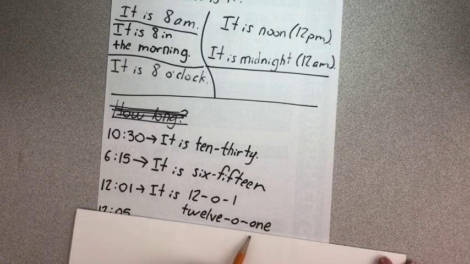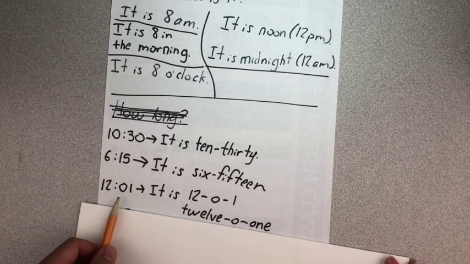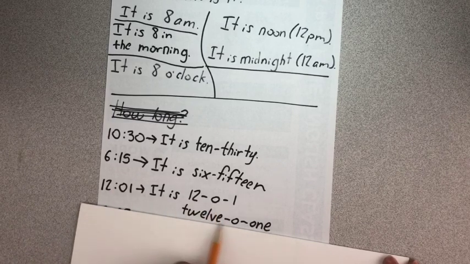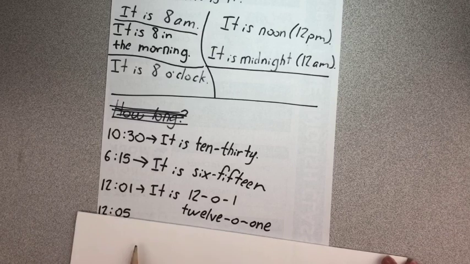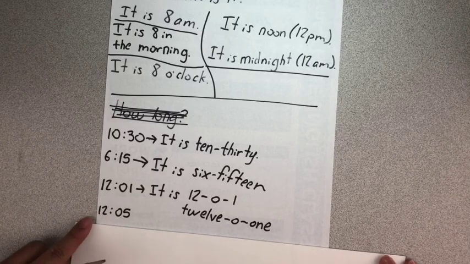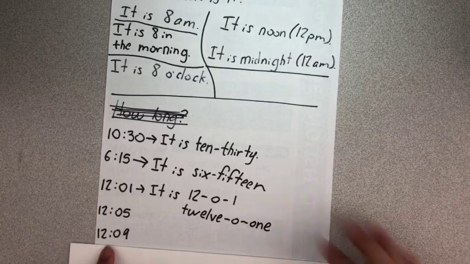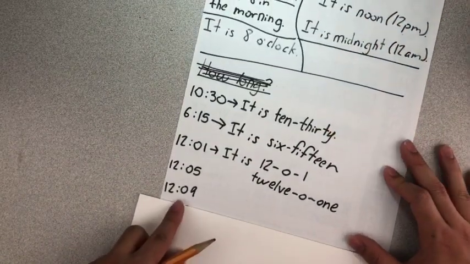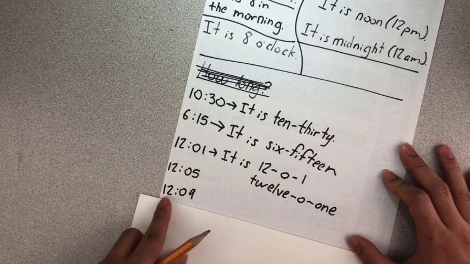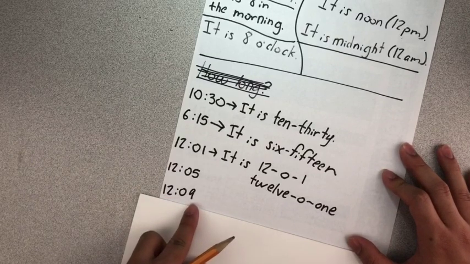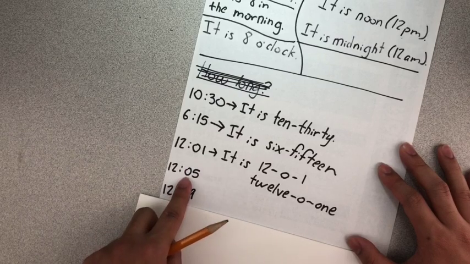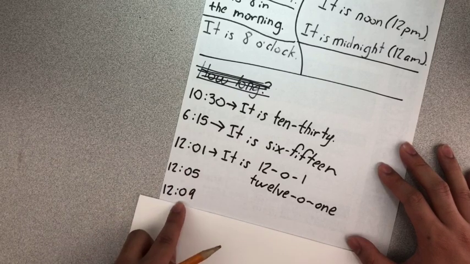If the minute is from 1 to 9, we say, oh, it is 12:01. So here is 12:05. Can you tell me this one? What is the time here? It is 12:09. This is 12:01, 12:05, 12:09.